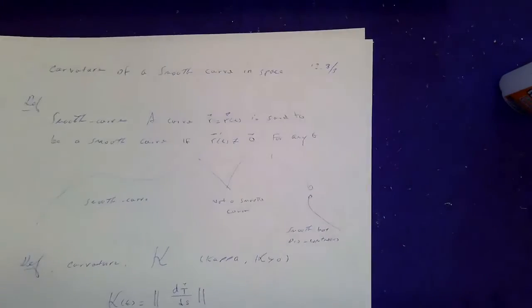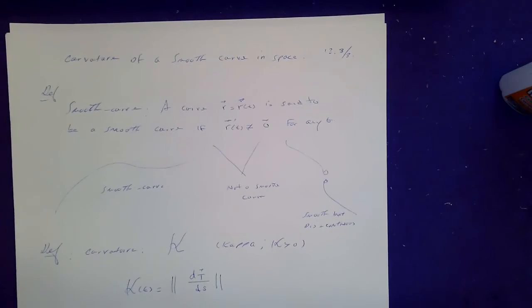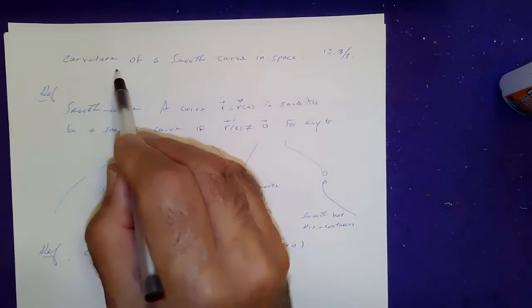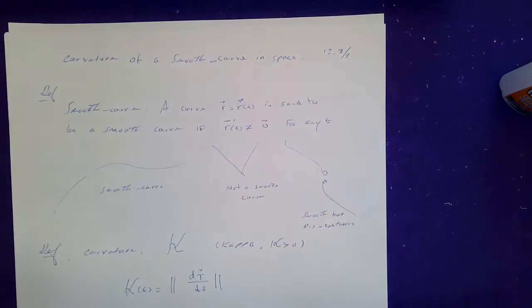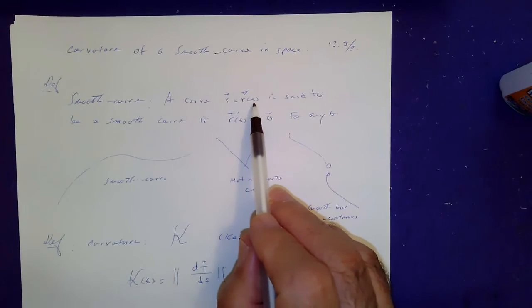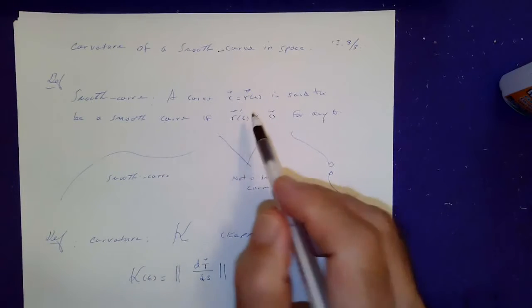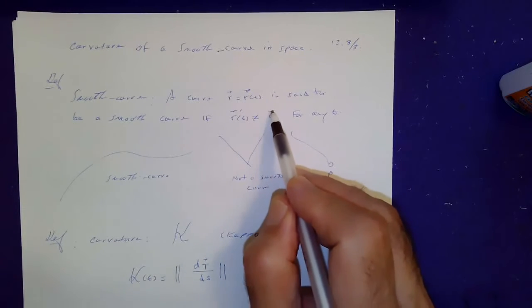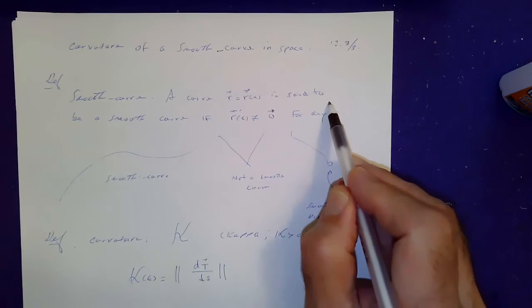Okay, the next topic is called curvature of a smooth curve in space. We'll define curvature momentarily, but let's first define what they mean by a smooth curve. A curve whose parametric equation is given by r of t is said to be smooth if r prime of t is not equal to the 0 vector for any t.